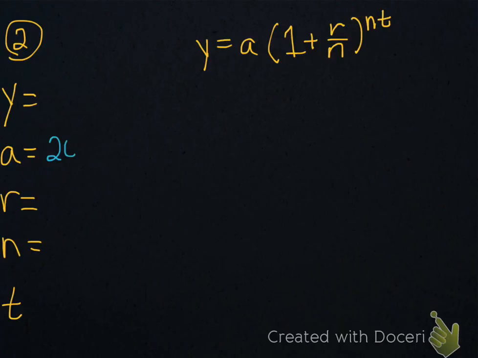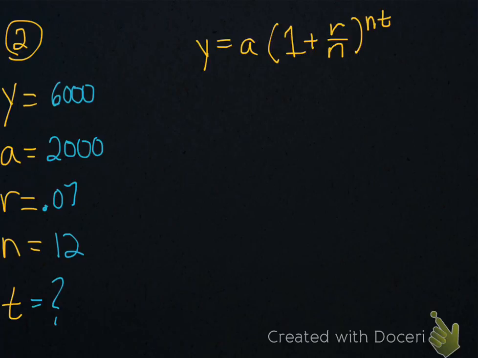So 2,000 is my starting amount, and 7% is my r value, 0.07. It's compounded monthly, so n is 12. When will the balance triple? So I'm looking for t, and triple 2,000, I just multiply by 3, and I get 6,000.